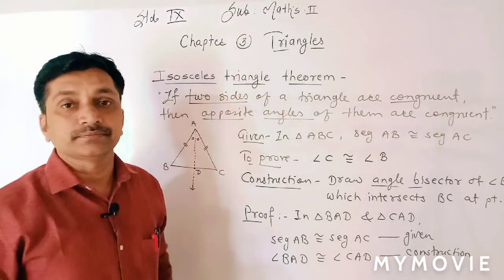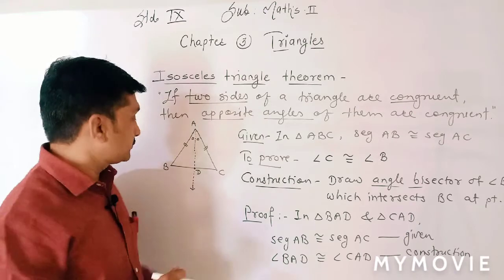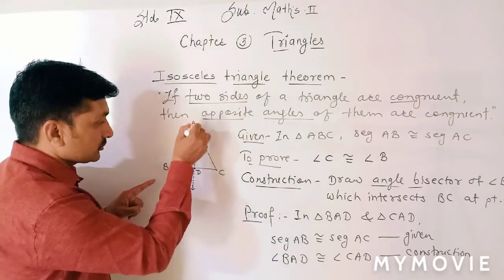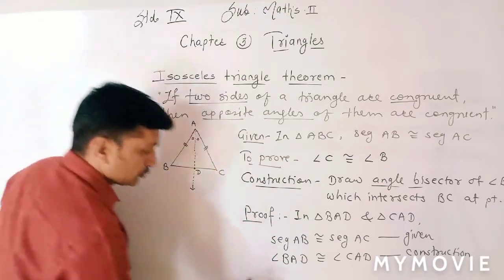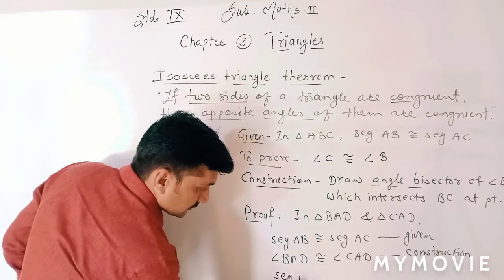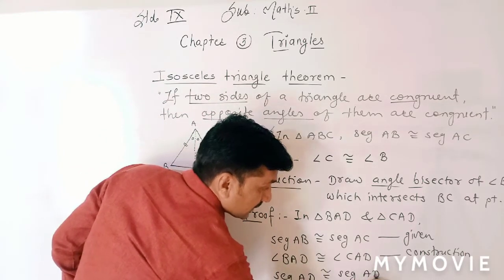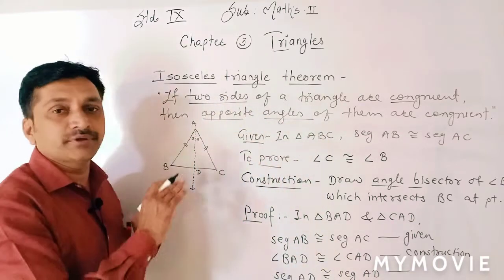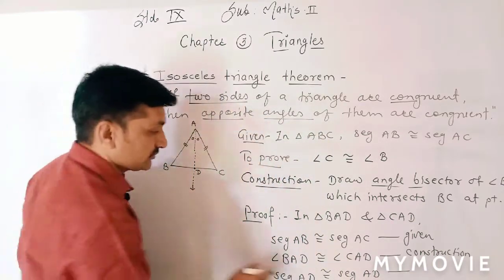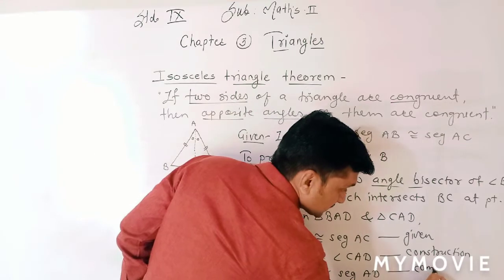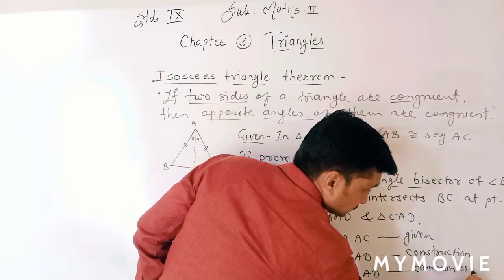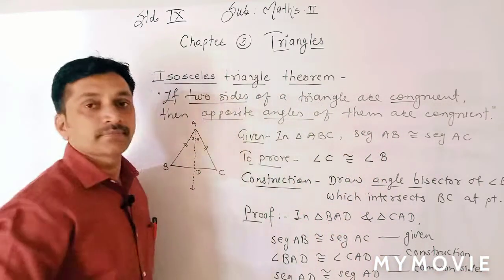After that, seg AD is congruent to seg AD. Why? Because AD is common in both triangles. That is the common side.